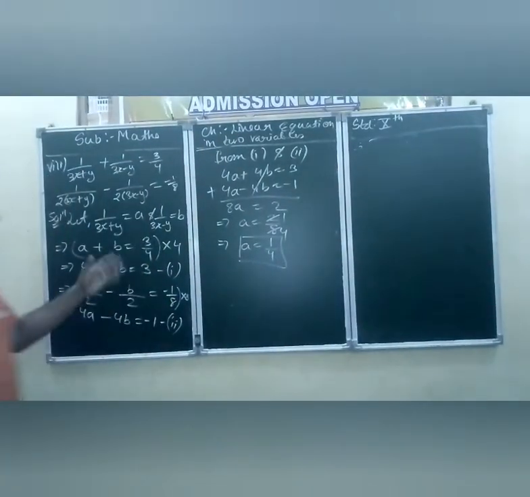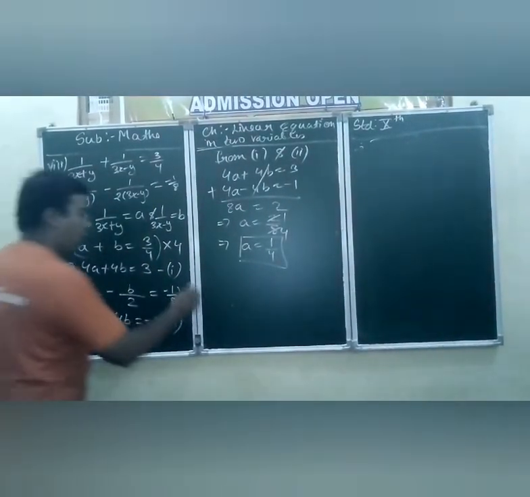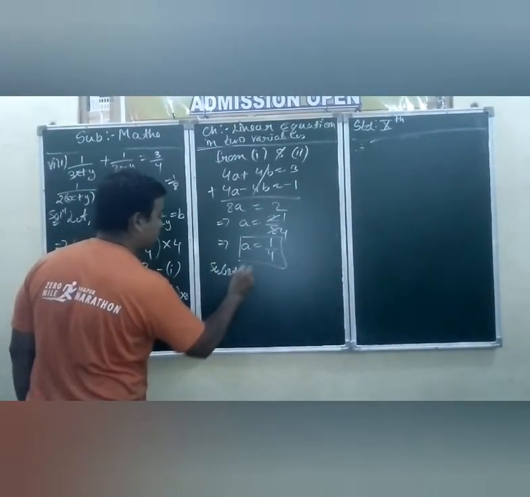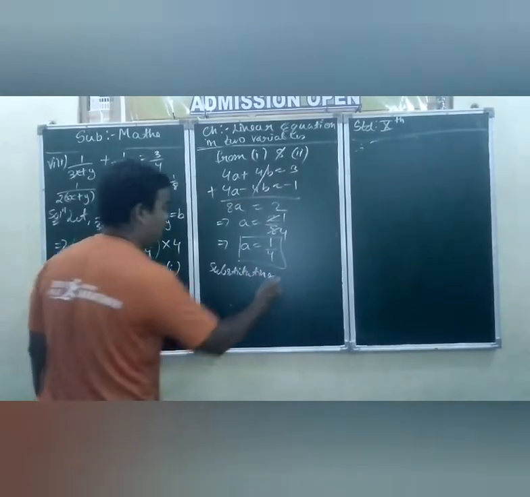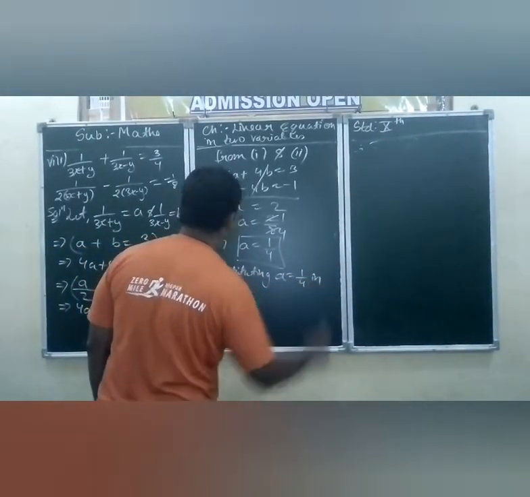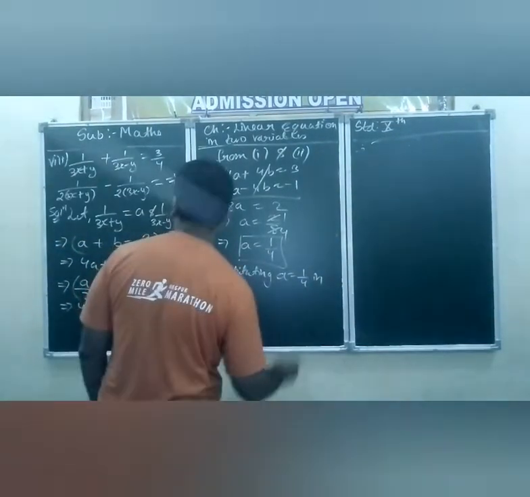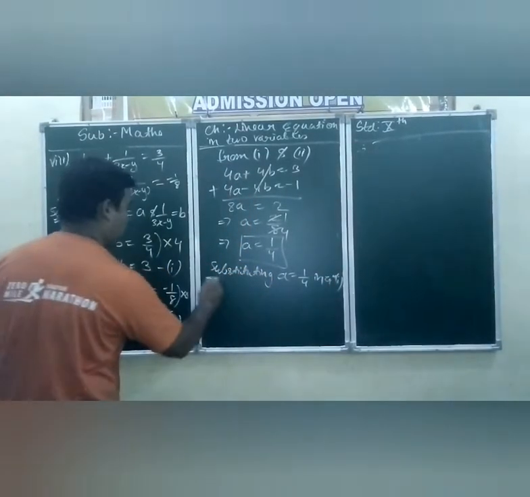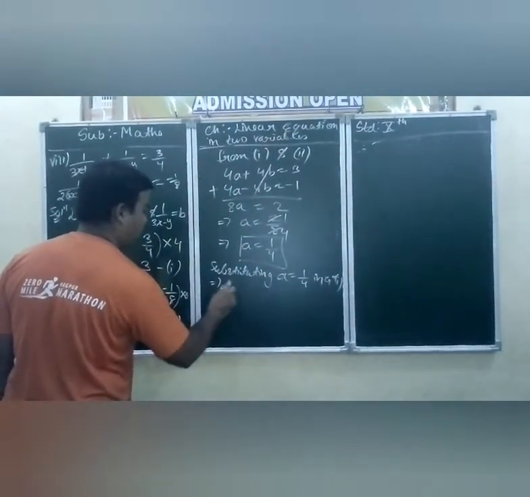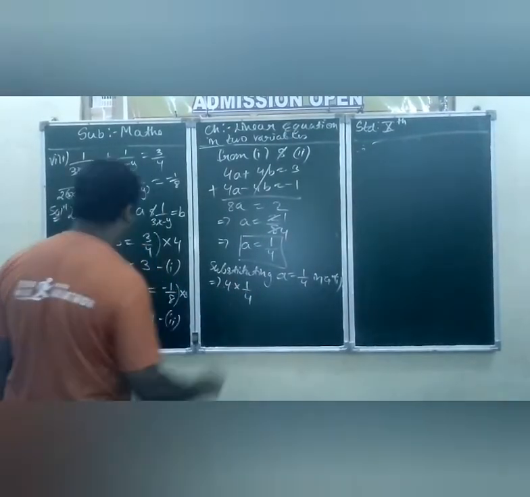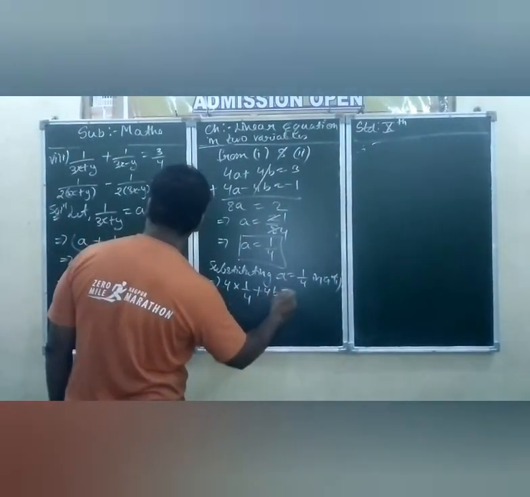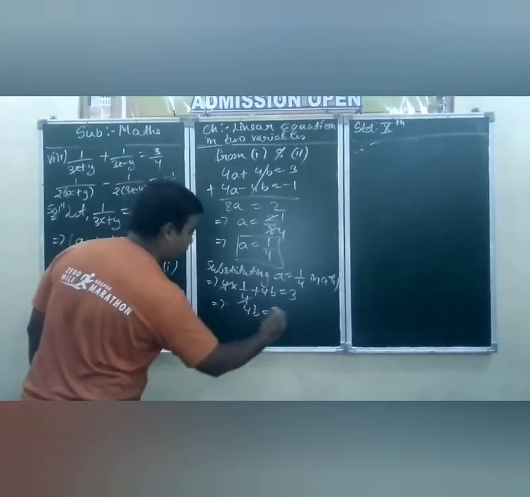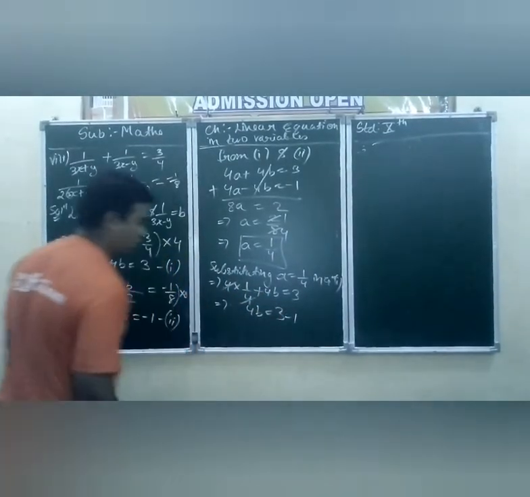Now this value we put in any equation and find the value of b. So substituting a equal to 1 by 4 in the first equation: 4 into 1 by 4 plus 4b is equal to 3. 4 is cut, so 4b is equal to 3, and this 1 minus 1 transpose.